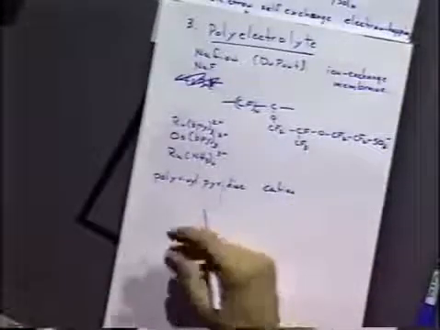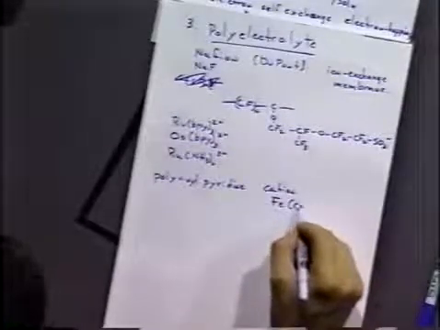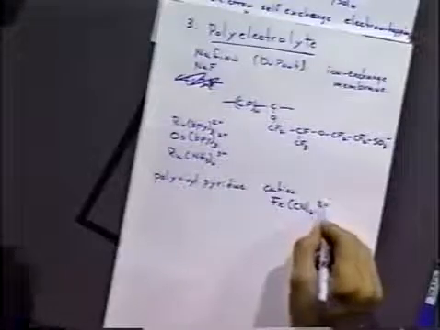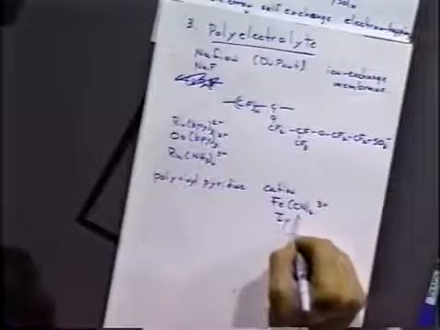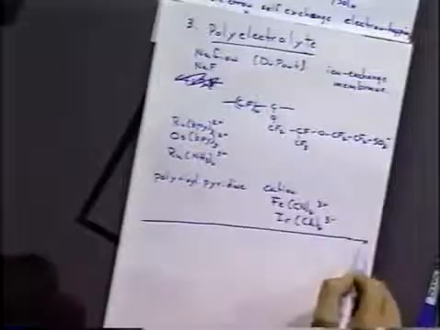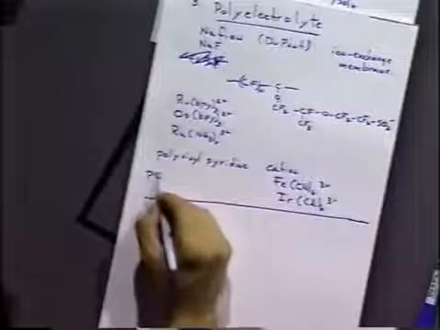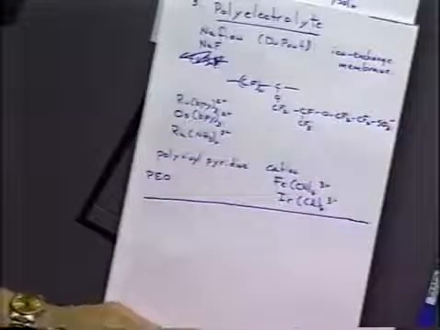The pyridine becomes protonated and has cationic sites, and so it can incorporate anions like ferrocyanide or iridium hexachloride, and so on. There's also PEO, polyethylene oxide, another popular one, which has nice properties.